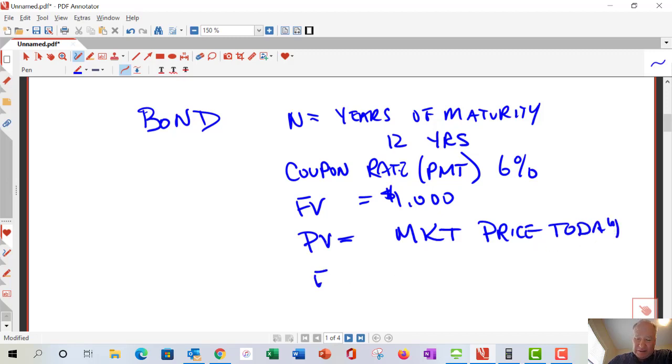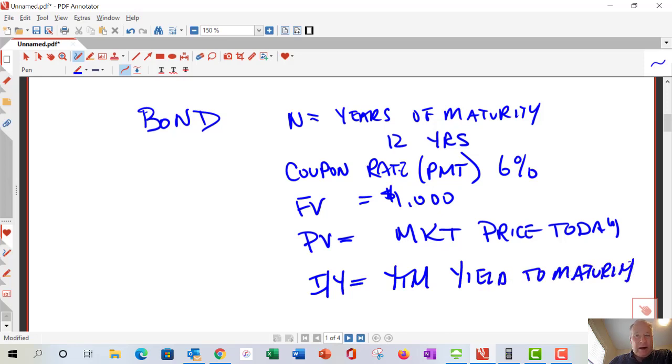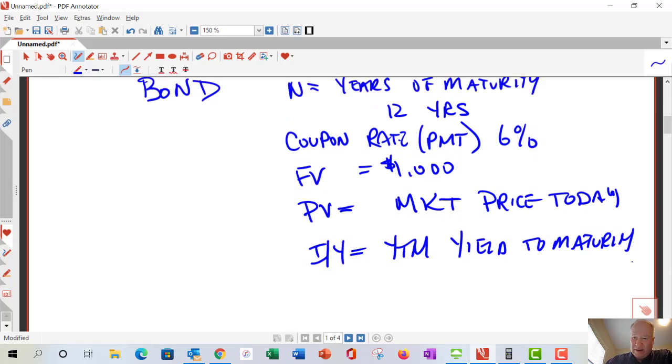And IY is your yield to maturity. So this is your annual yield on the bond if you hold it to maturity. Okay. All right, so let's say we know the price of the bond. Let's say it's $989 today.